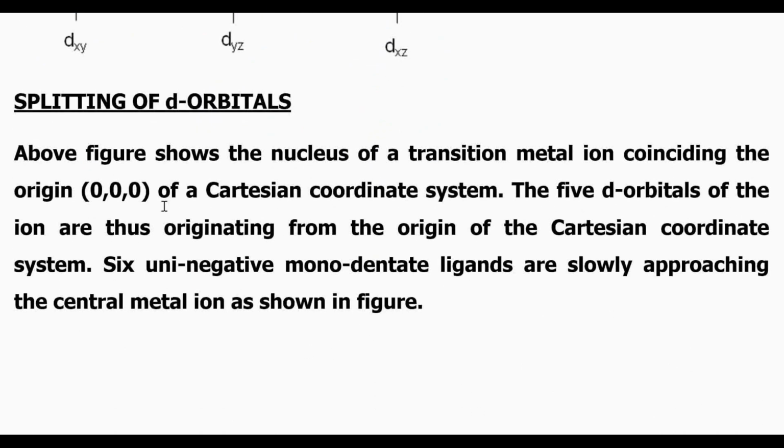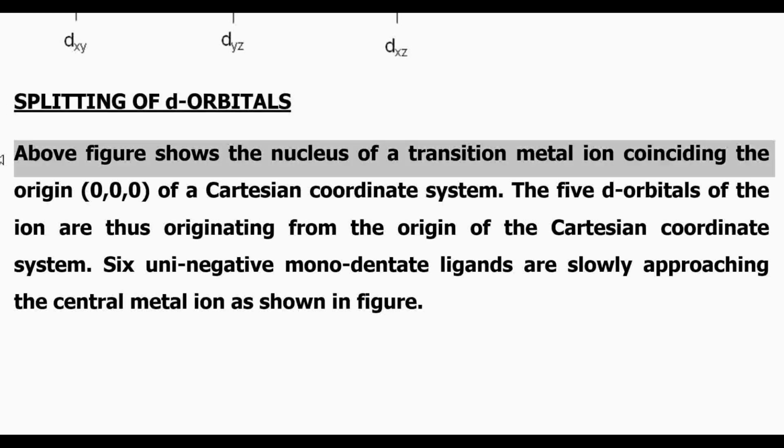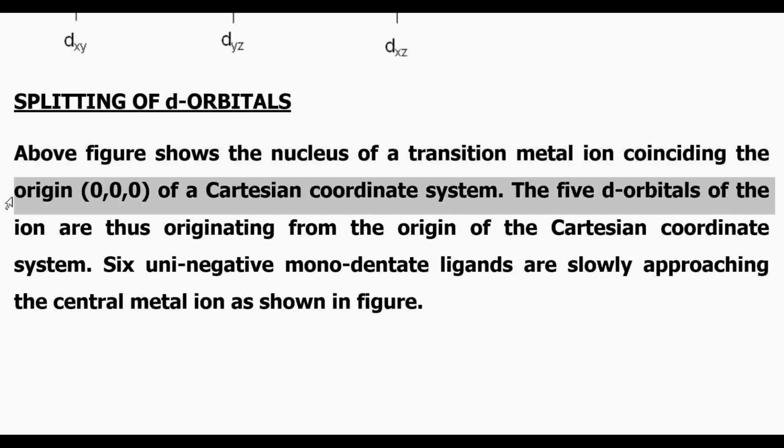Let us come to the splitting of the d orbitals. The figure that I am going to show you next is going to show the nucleus of a transition metal ion coinciding with the origin, that is 0 0 0, of a Cartesian coordinate system.